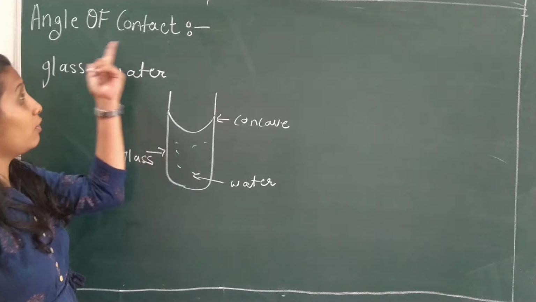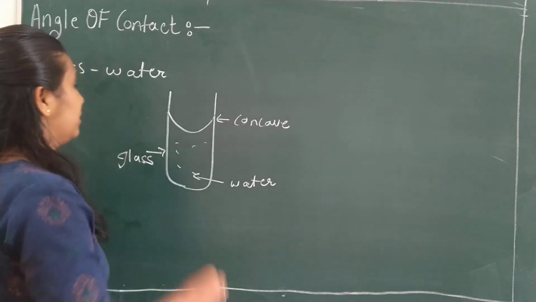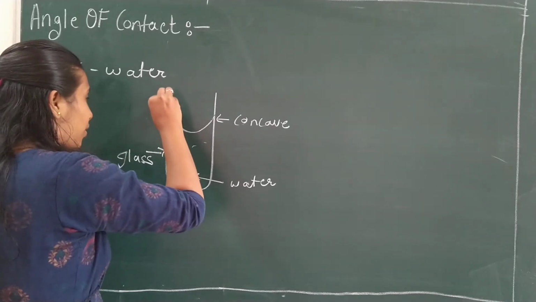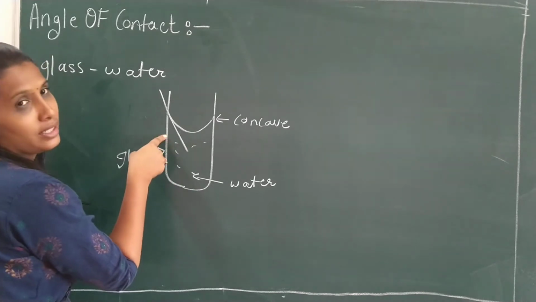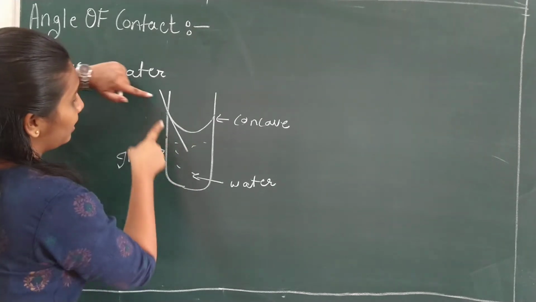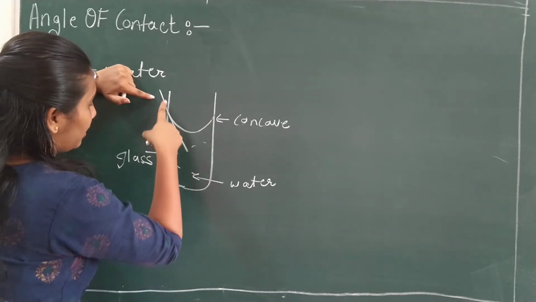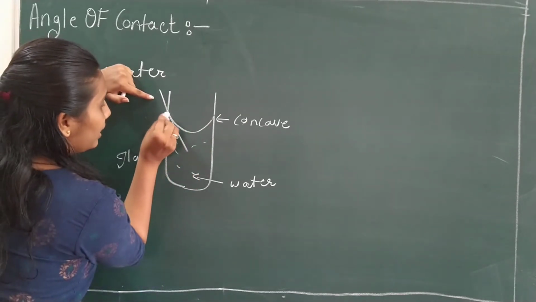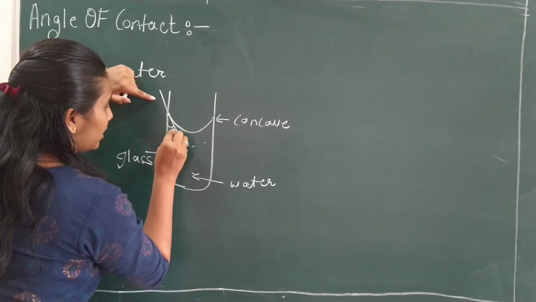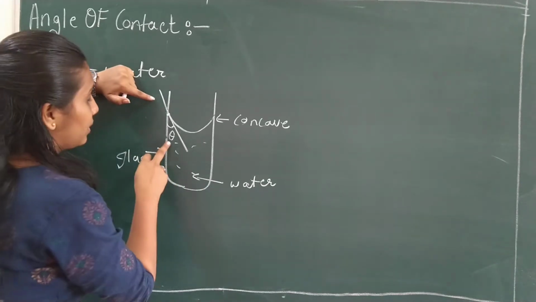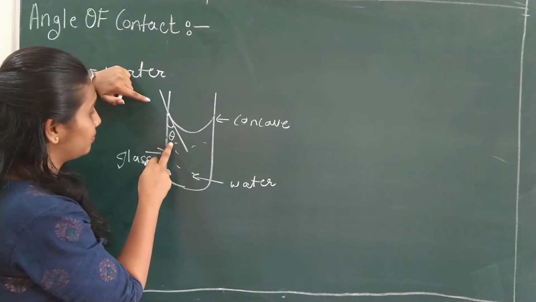My angle of contact is defined as the angle between the tangent drawn to the free surface of the liquid and the solid at a point of contact. This is nothing but the angle of contact, theta. So theta tells me the angle of contact.